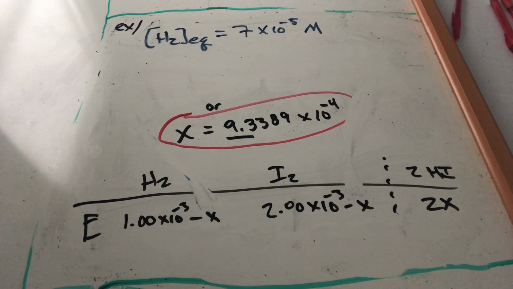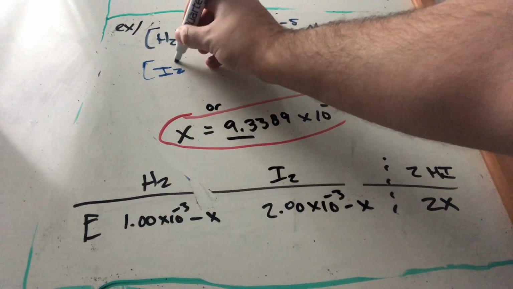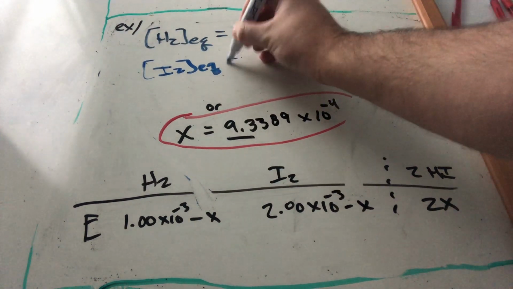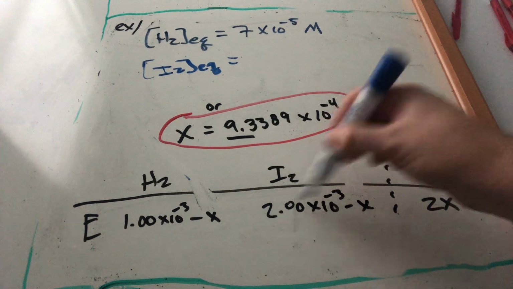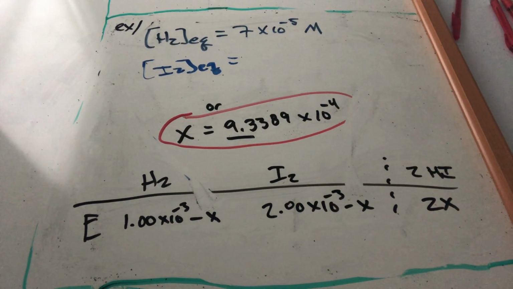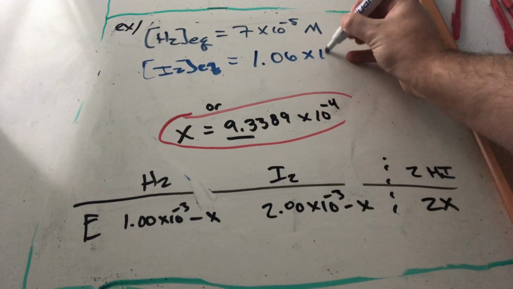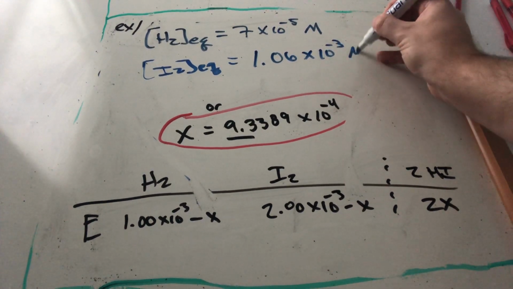I rounded to the correct number of significant figures. Make sure that you can do that math yourself and see why there's just one given in the end. For I2 at equilibrium, I'm going to take my x and subtract: 2.00 times 10 to the minus 3 minus x. I'm going to plug that in my calculator, and what I get is 1.06 times 10 to the minus 3 molar.